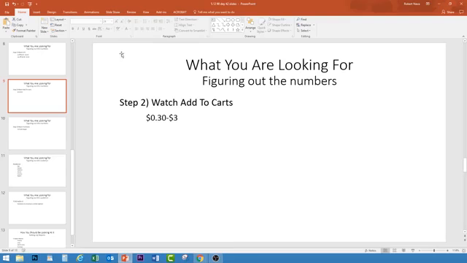While you're doing that process, you're paying attention to your clicks in the very beginning, and then you're going to start paying attention to your add to cart costs once you start getting add to carts, right? And then once you start getting purchases and conversions, you want to make sure that you're within 2 times your profit margins on your purchase conversions. Okay, is that making sense to you guys?